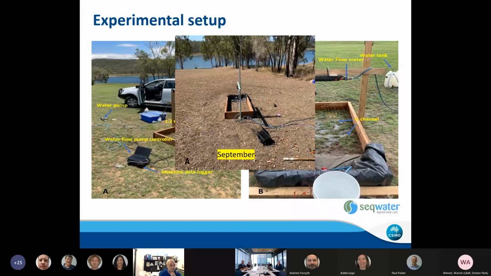Then we went in the summer period, a month later in December. Towards the end of December, due to the rainfall, the condition at Ivanhoe changed, where you can see clumps of grass growing, and this is how it looked. I'll go into more detail a little bit later in the next slides. Can I have next slide, please?